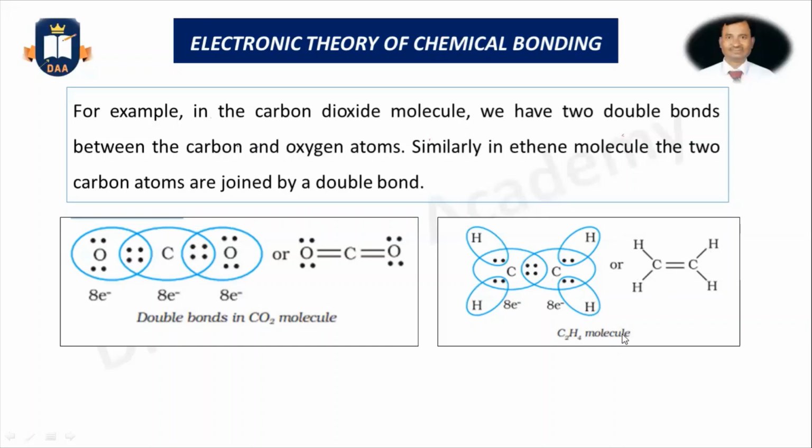And this is the C2H4 molecule. So in this way we understood how a covalent bond, single or multiple bond, is formed by using the Lewis structure and with the help of the Lewis concept.